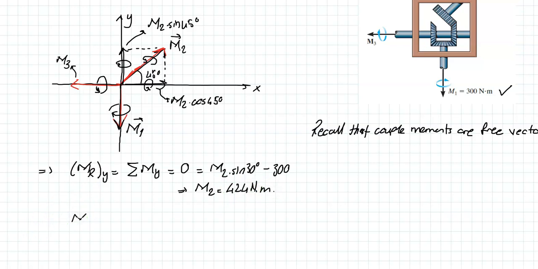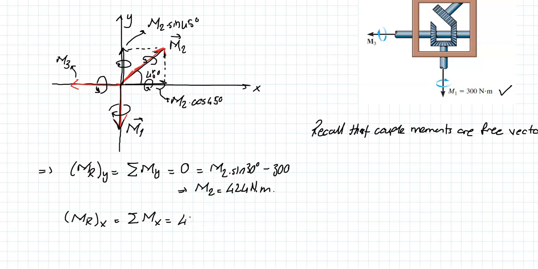Likewise, M_Rx is equal to the sum of the moments in the x direction, the components of the vectors themselves. Then we can write M2 times cosine 45.